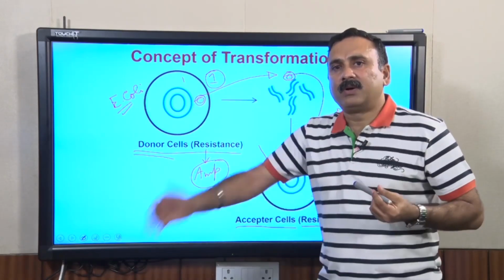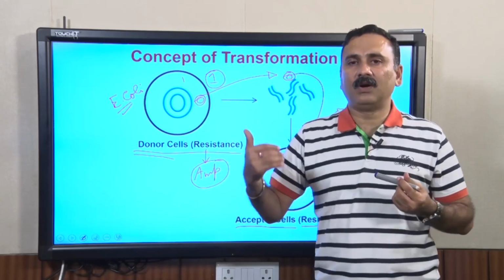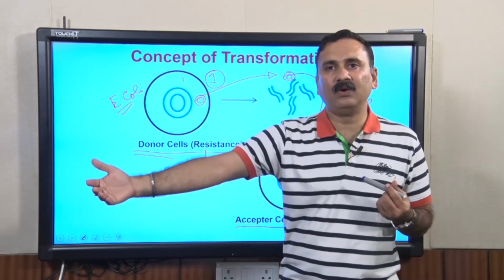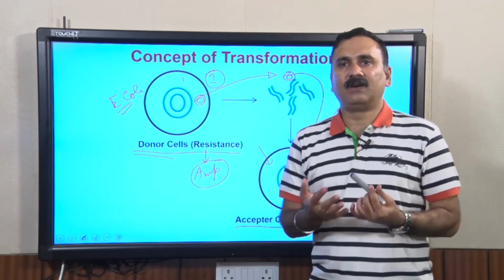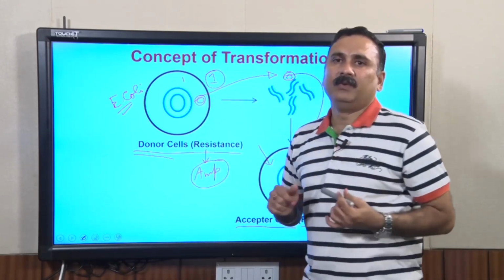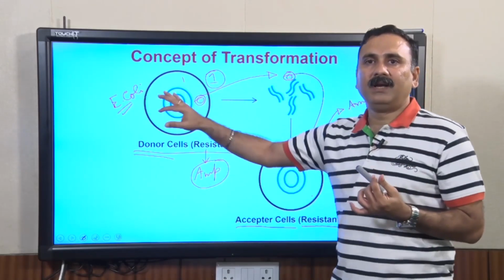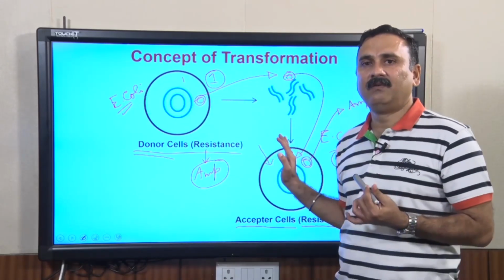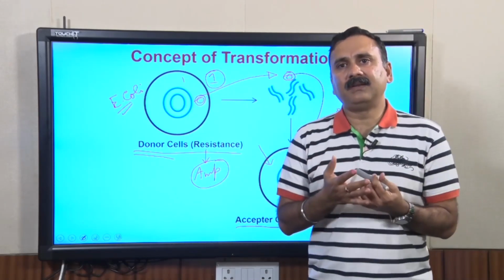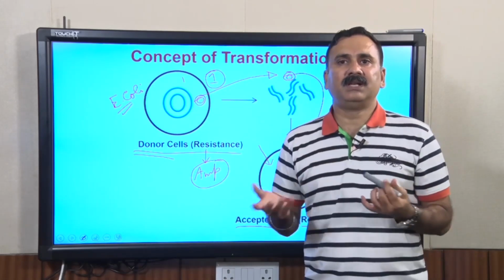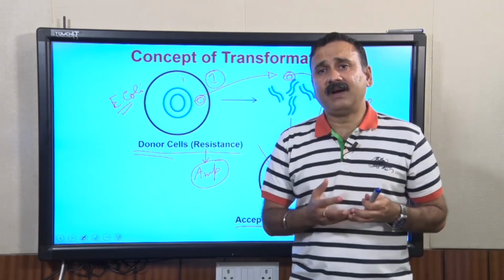So, it is not important that it is always for antibiotic resistance, or always for resistance against some kind of external agents. It could be for any kind of feature. For example, this bacteria might be doing sporulation better and this bacteria may not be, and this bacteria will provide the factors which facilitate this additional feature in the acceptor cells, and that is how bacteria exchange their genetic material between two cells.